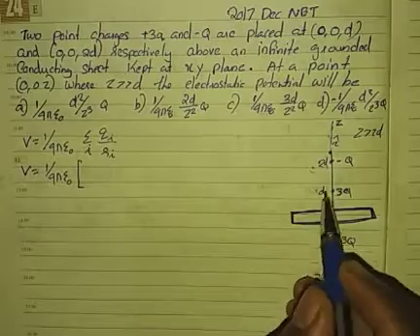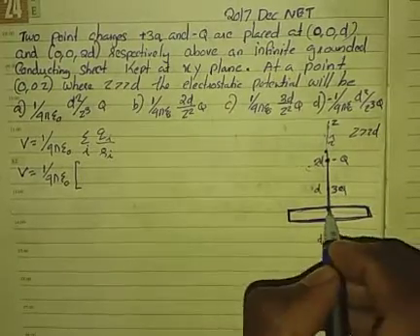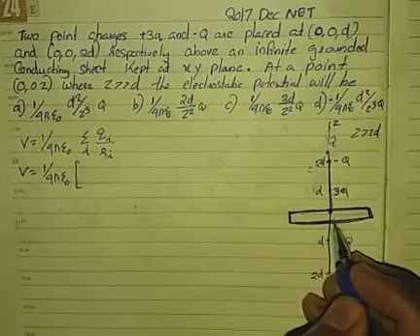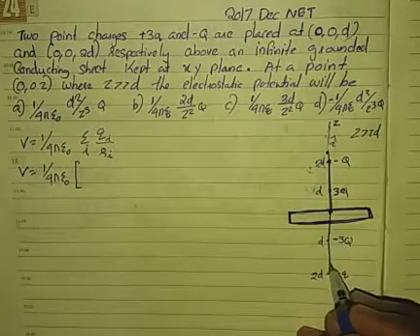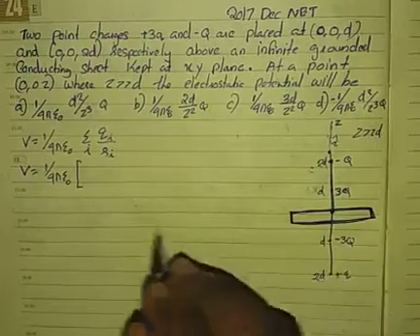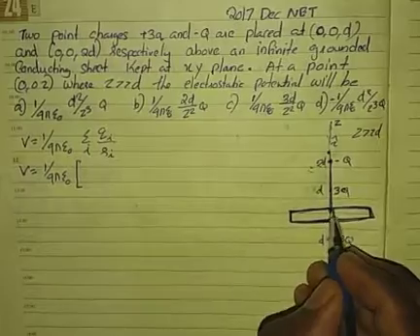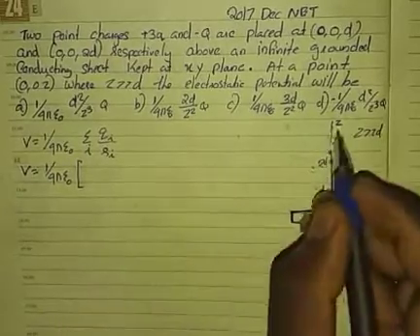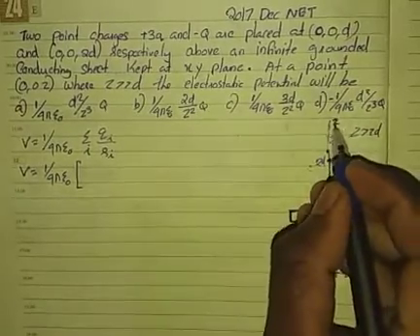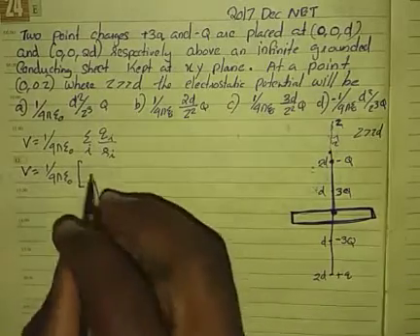Considering the center of the dipole, if it's a dipole, here there are four charges with some separation. So considering the center point at the origin, from z to the origin we are calculating the potential.